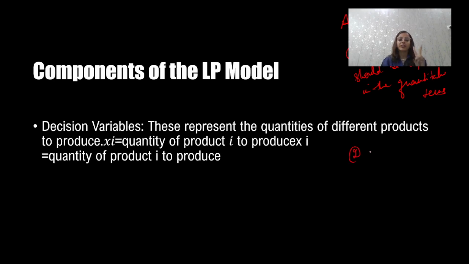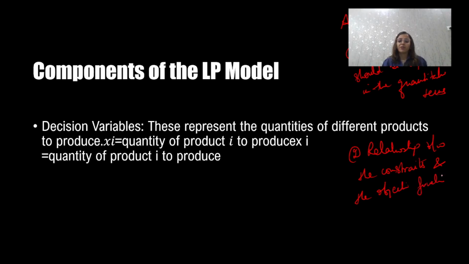That is the first assumption. The second assumption is about the relationship between the constraints. Like I said, labor is also required, time is also required. So whatever the relationship is between the constraints, the variables, and the objective function, that should be linear.